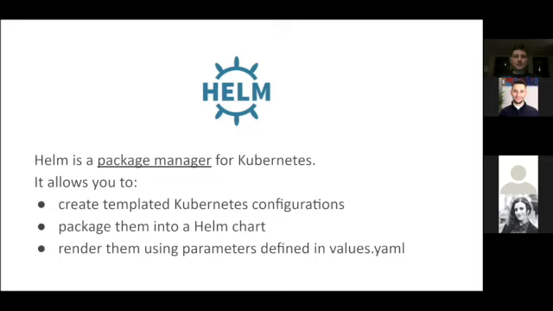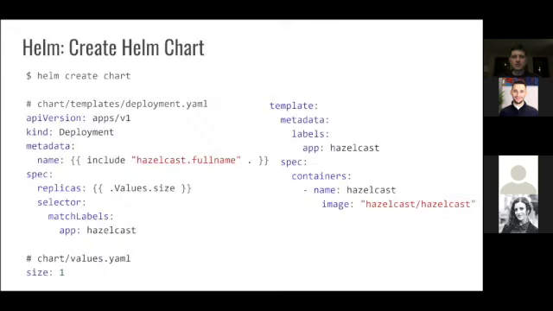So in our example, to create a Helm-based Hazelcast operator, we need to first create a Hazelcast Helm chart. So this is how to create a Hazelcast Helm chart. You use the Helm toolkit, create a chart, and then you fill all the templates you need. If you look at these templates, they are just like Kubernetes configurations with some templated parts.